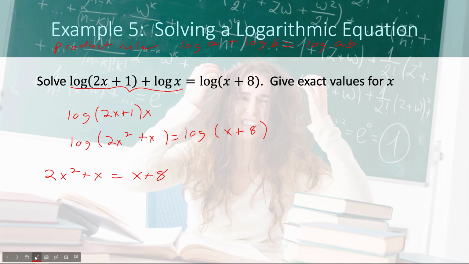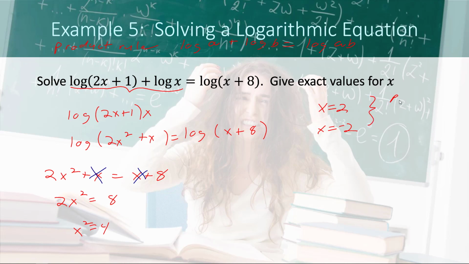That implies that these cancel, and we are left with 2x squared is equal to 8. So we can divide both sides by 2. We will have x squared is equal to 4. Taking the square root, we have the proposed solutions that x is equal to 2 and x is equal to minus 2, and these are proposed solutions.